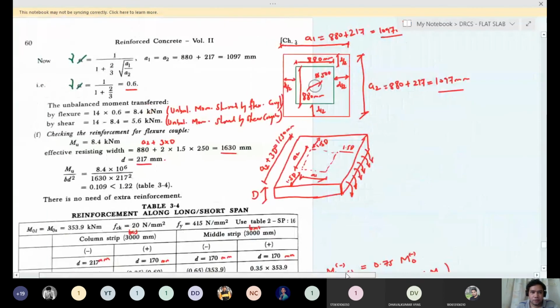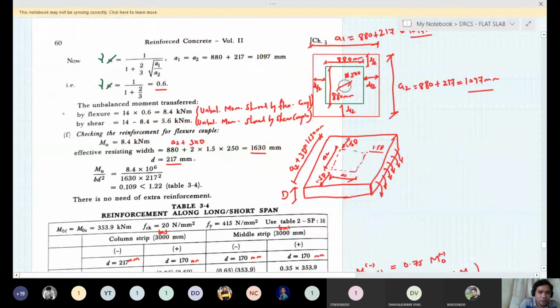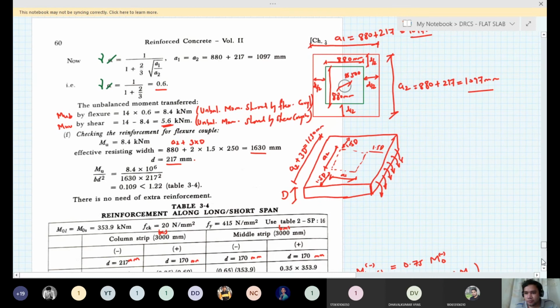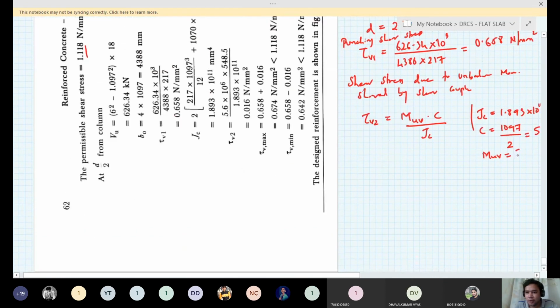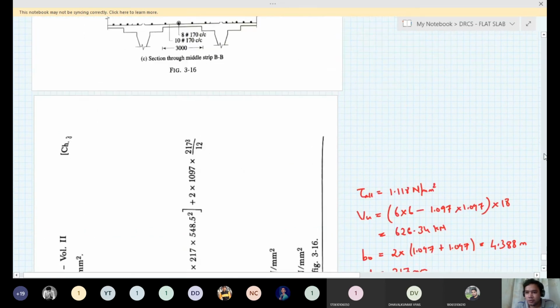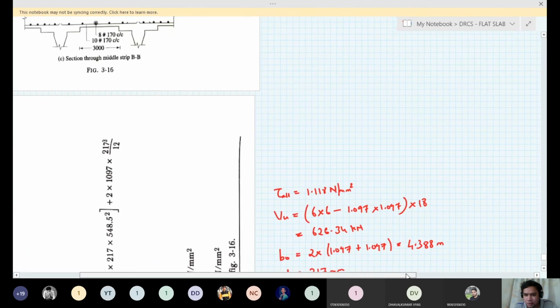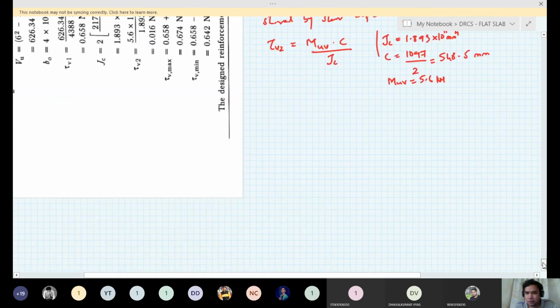And your unbalanced moment shared by shear Muv, see, this is Mub, the unbalanced moment shared by the bending, and this is Muv, the unbalanced moment shared by the shear, that is 5.6 kilonewton meter.